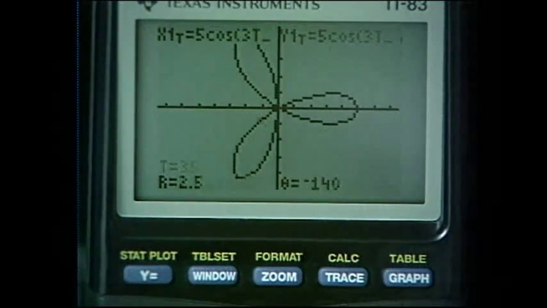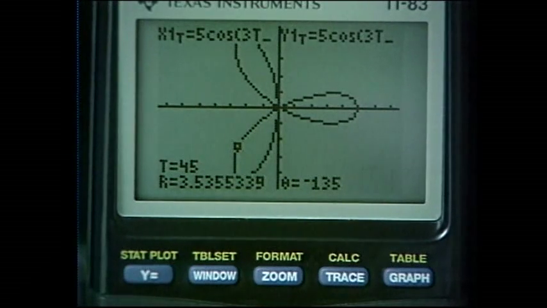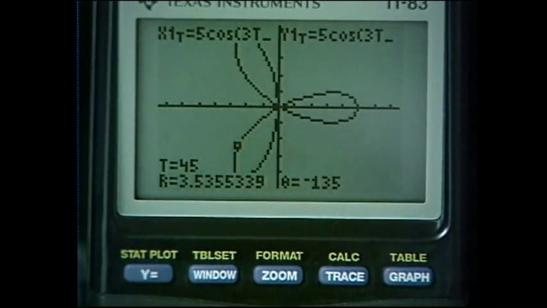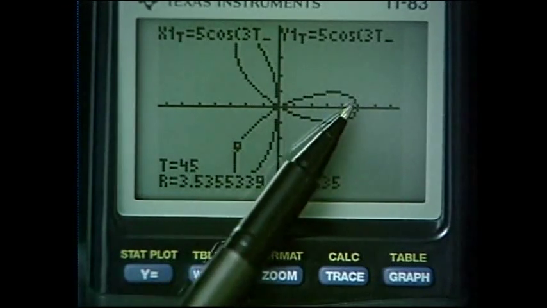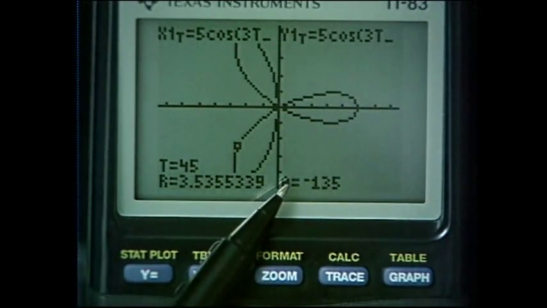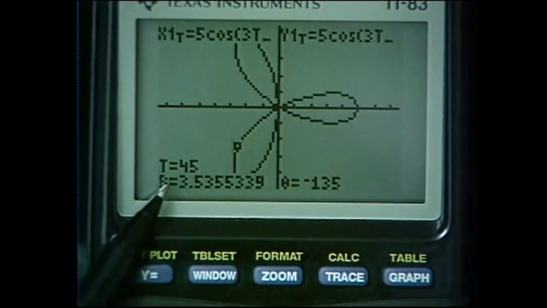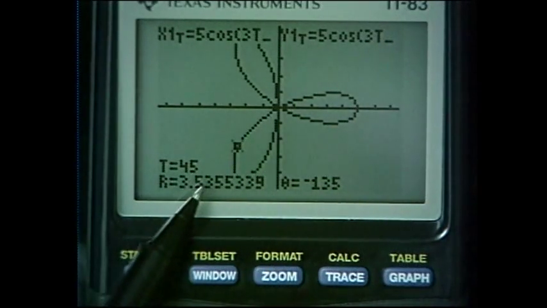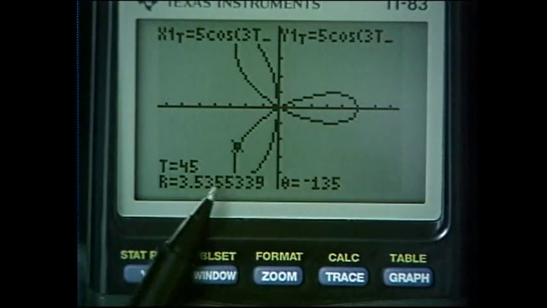But as I get over in this area where I have a t of 45, notice that t is measuring the angle sort of positively like this, whereas the position angle is given as a negative angle because the calculator is causing the r value to always remain positive. And that's kind of an interesting nuance within the calculator.